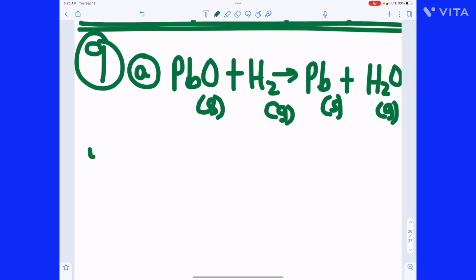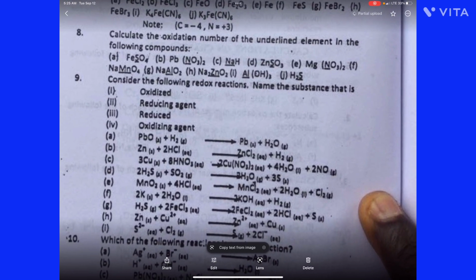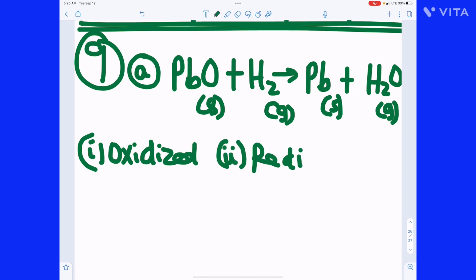In this question, first we should find the substance oxidized. We should find the reducing agent.